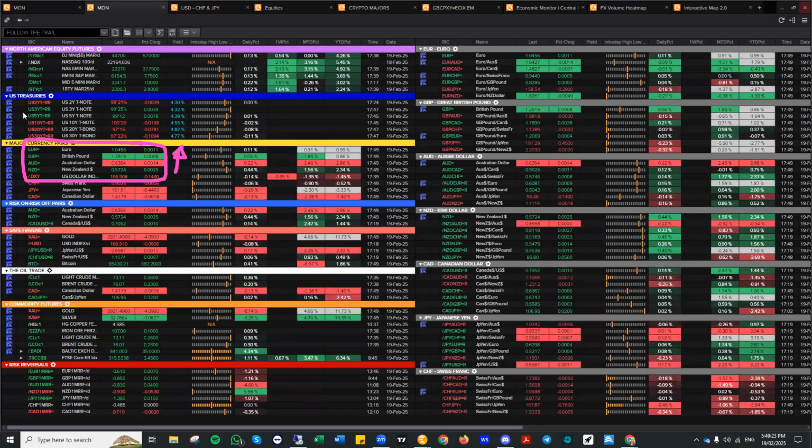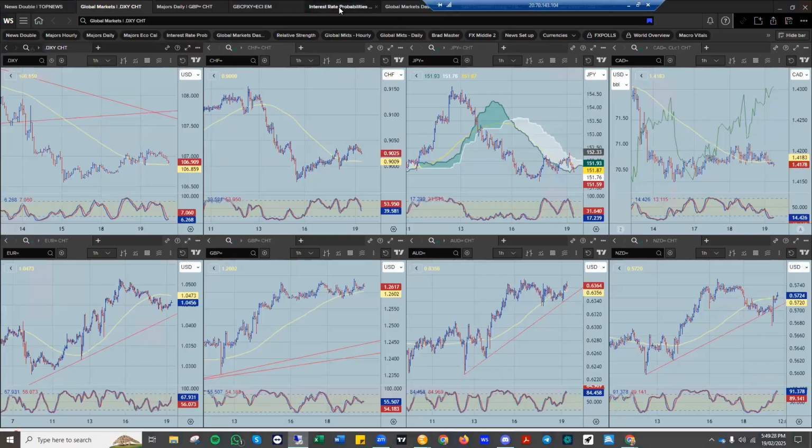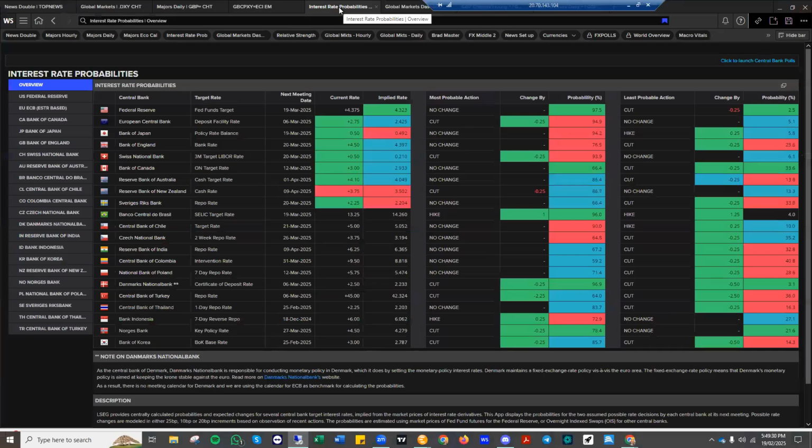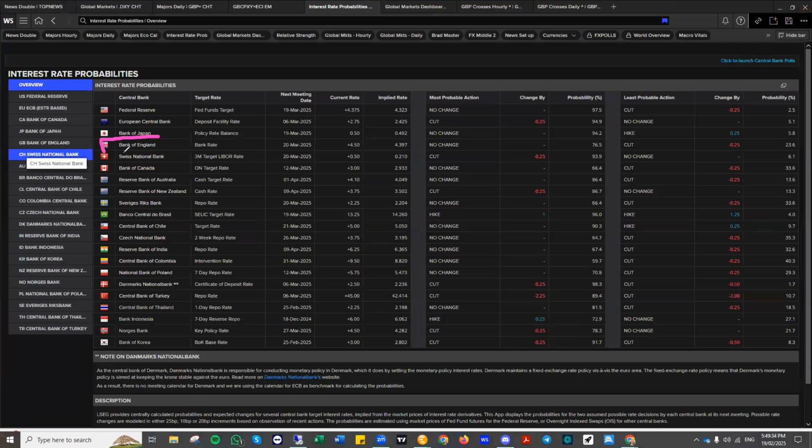One other thing I wanted to share with you is have a look at the interest rate probabilities. When you're considering the inflation numbers, consider what the Bank of England is doing. No change, and a cut is 23.6%.